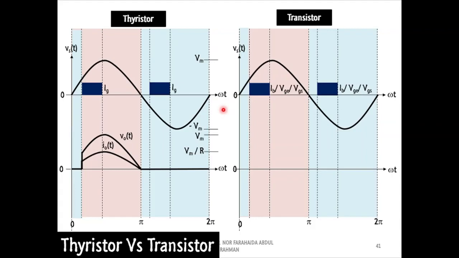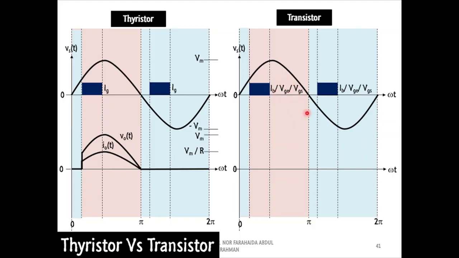As we can see here, both transistors and thyristors are controlled using the same wave shape of gate signals. Nevertheless, based on this label, we can see that the type of the gate signal can be in the form of a current or voltage signal.